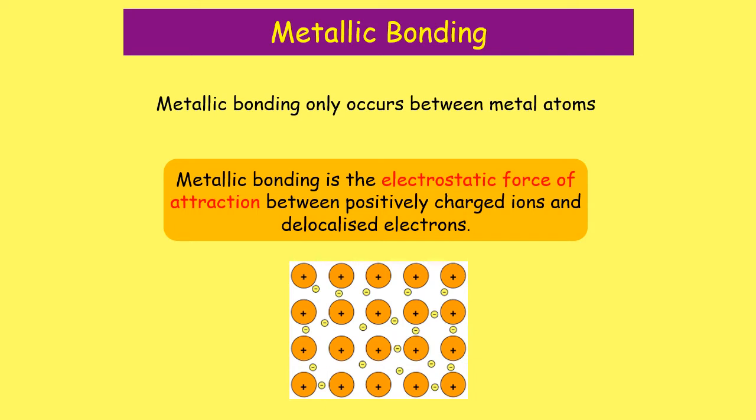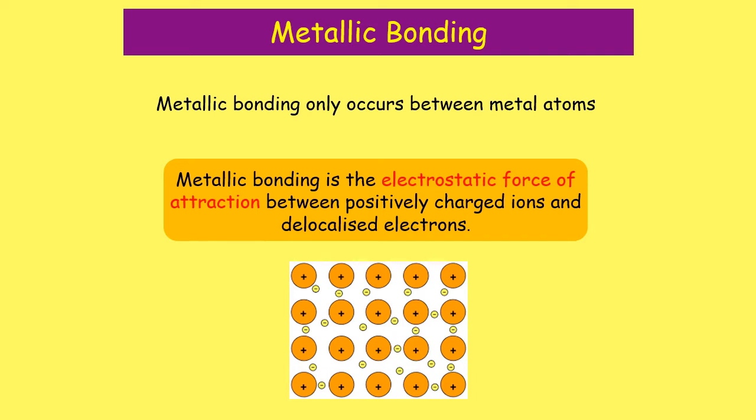Now, what happens in a metal is that, remember, metals want to give away electrons. And if there's nowhere for those electrons to go, if there's no non-metals for those electrons to go to, those electrons that have been given up by the metals just move around between all these positive ions that have formed.